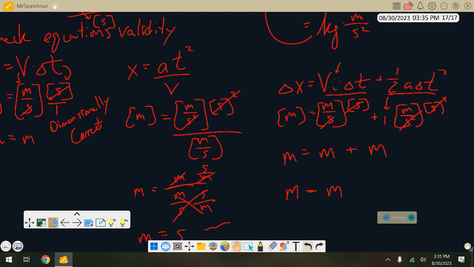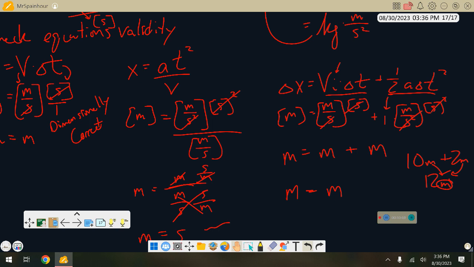But any amount of meters plus any amount of meters is still going to end with the units of meters. Imagine I told you that a distance was 10 meters, and you were to walk 2 meters more, and I said, how far did you go? Really easy stuff, 12 meters. Notice meters plus meters is just meters at the end, so that's all we're trying to say here.